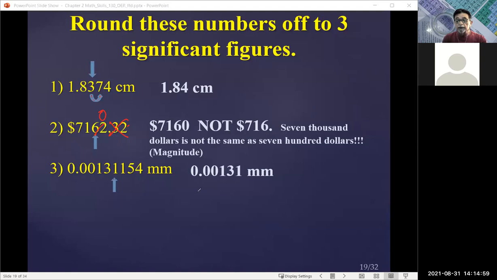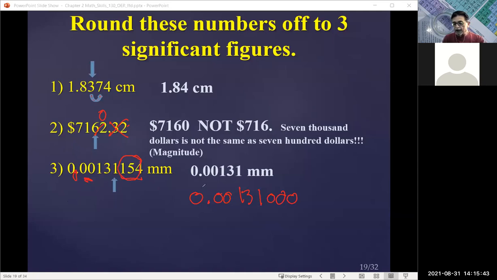If you replace them with zeros, what have you done here by replacing the 154 with 3 zeros? Anybody tell me? What have you done by replacing, thinking that you're going to change the magnitude? But remember, we are to the right of the decimal point, so we can drop any numbers other than the leading zeros, because that changes the magnitude.